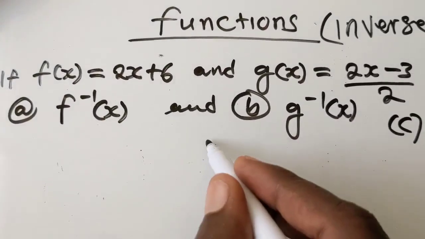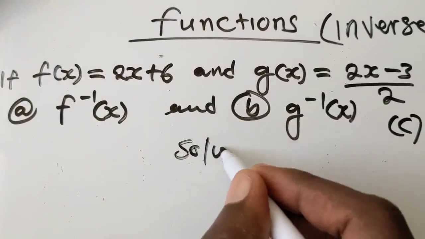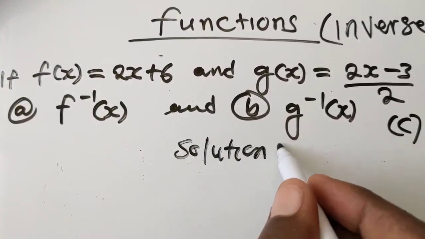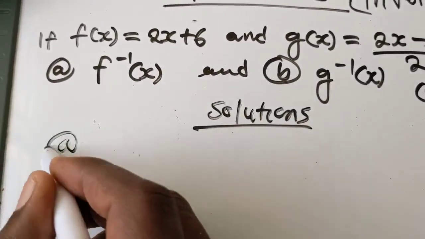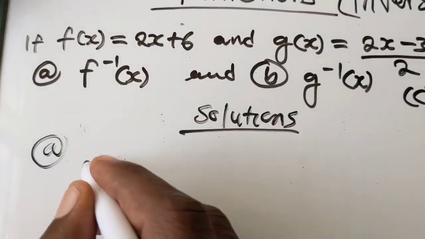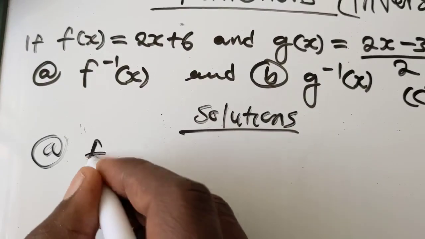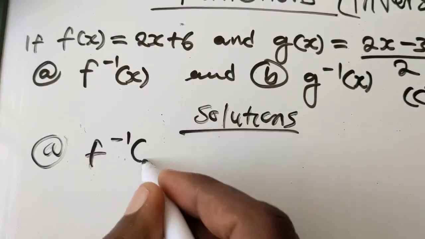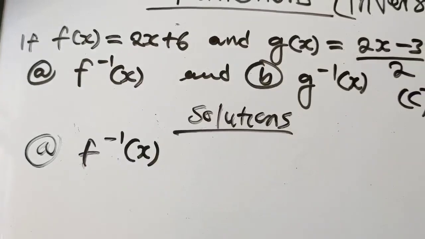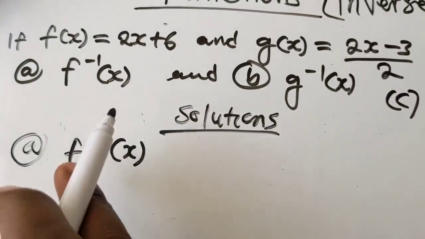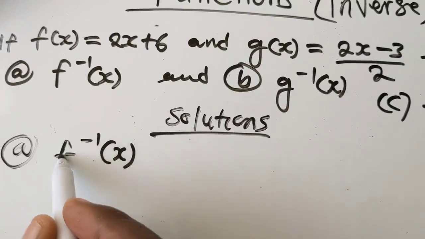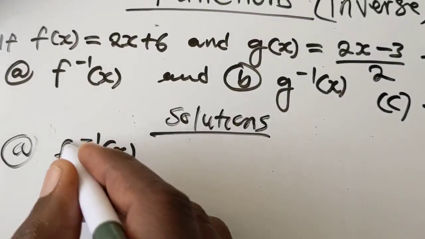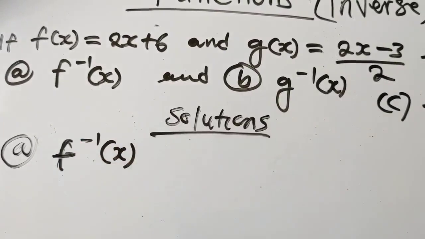So we'll say solutions, like that. Then we're finding a. They are saying that we find the inverse function of x. So we'll look at this expression, f inverse of x.